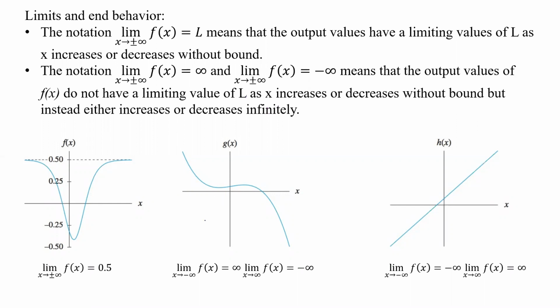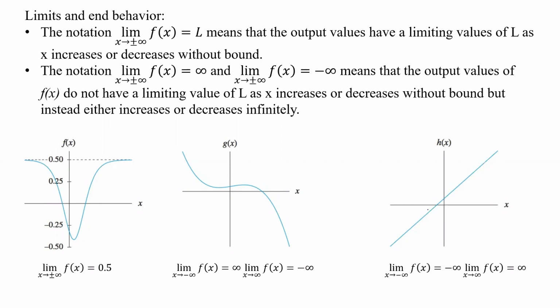In this case, as x goes to negative infinity, the limit of f of x goes to positive infinity. So as we go to negative infinity, we see that this is just going to go on and on up to positive infinity. But the limit of f of x as x goes to positive infinity goes to negative infinity. So as our x goes to positive infinity, our output goes to negative infinity.